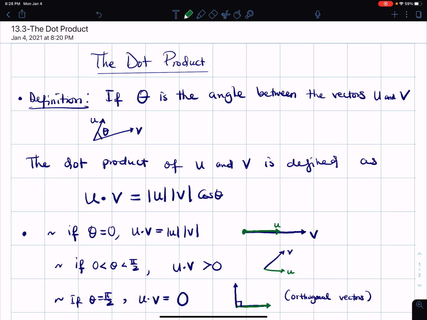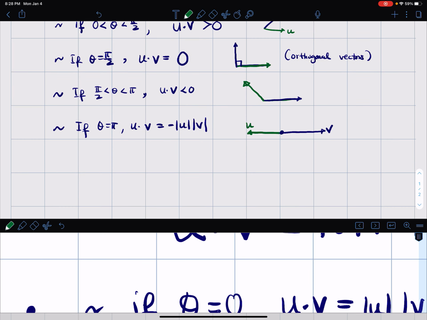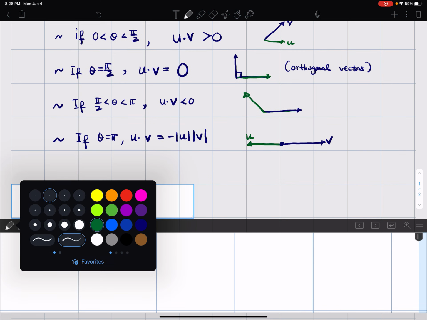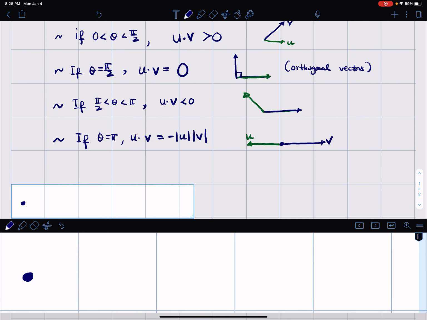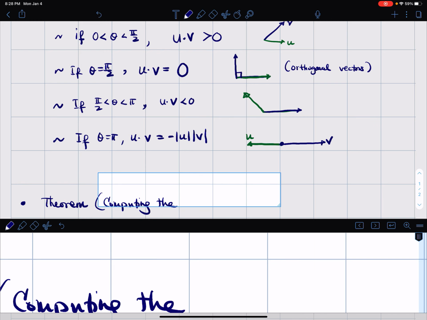But if we don't know, then it's going to always be difficult for us. But let's not worry. There is a theorem that teaches us how to compute the dot product without having to deal with the angle between them. So this is a theorem for computing the dot product.